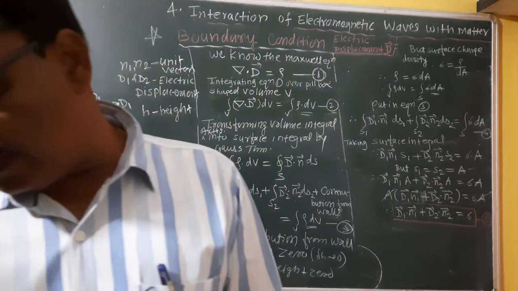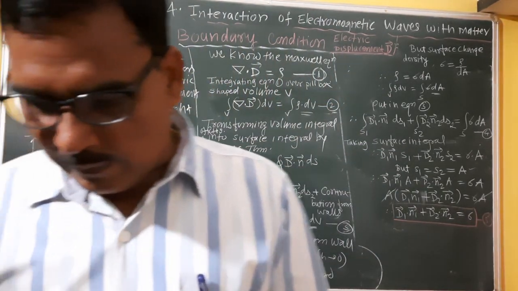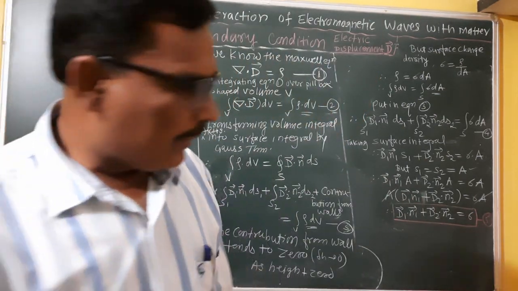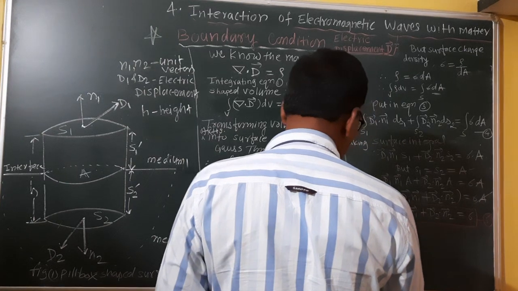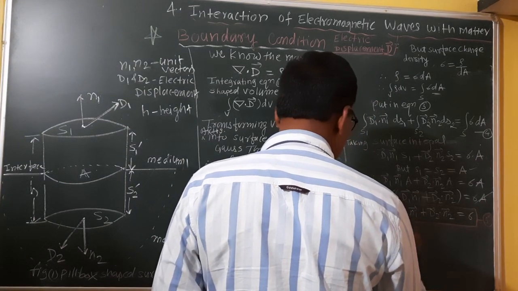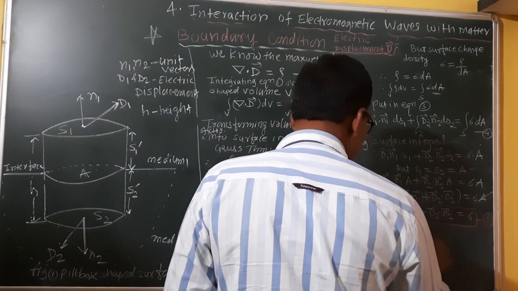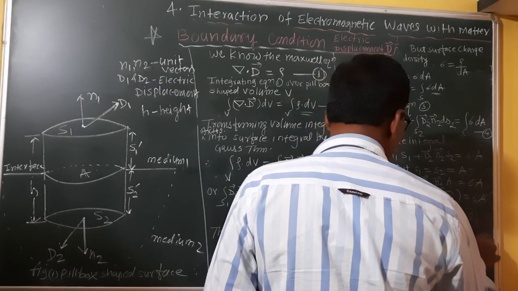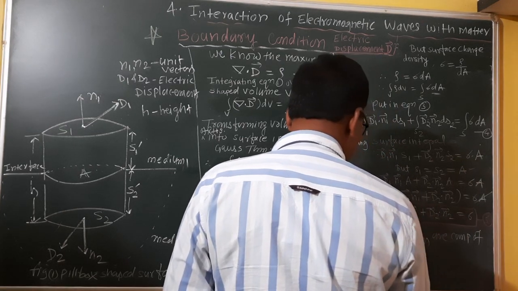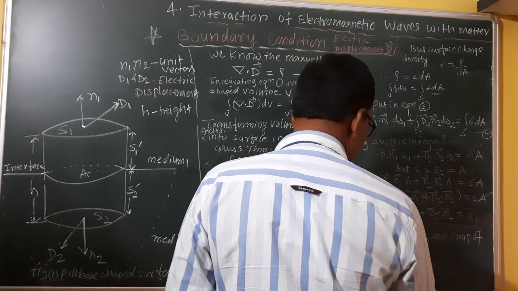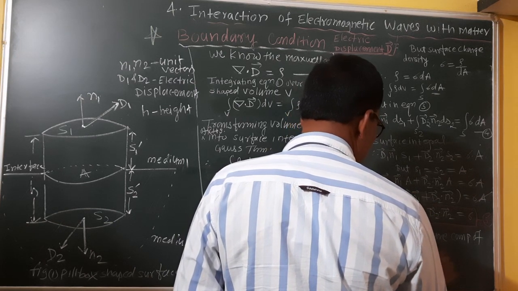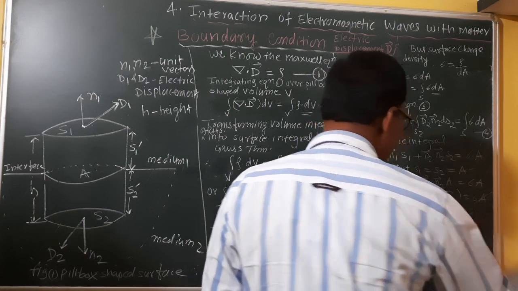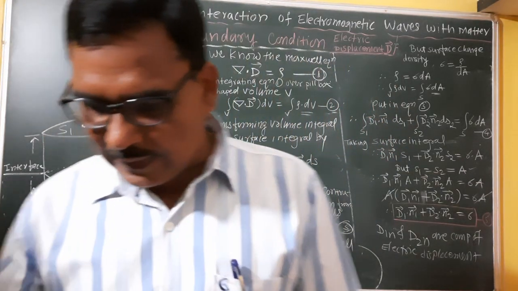Here sigma is the surface charge density, and d1n and d2n are the components of the electric displacement.